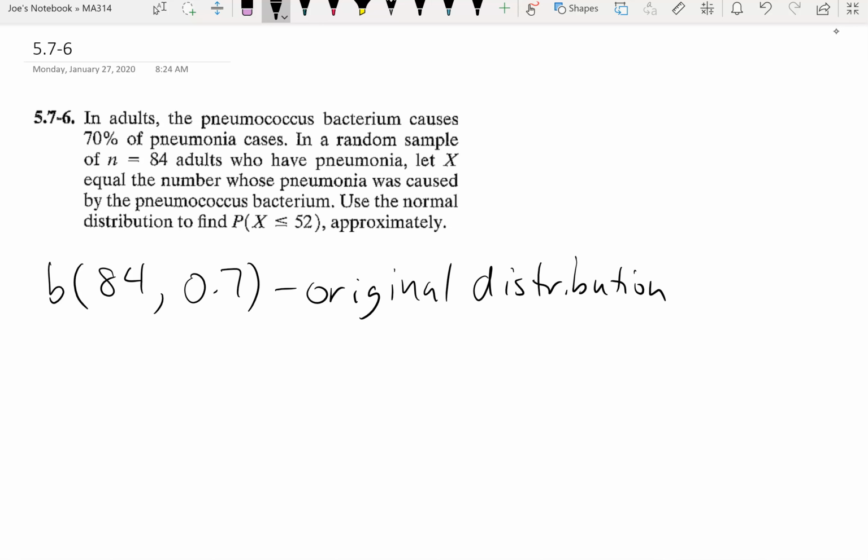Because for it to be less than or equal to 52, it could be 0, 1, 2, all the way up to 52. Which would take a while. So this is one of the reasons why we might want to approximate this using the normal distribution versus actually trying to compute it exactly.